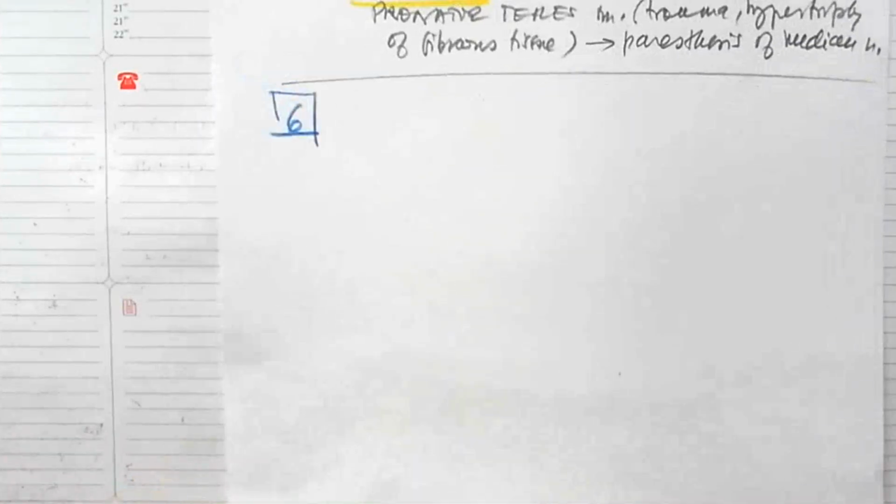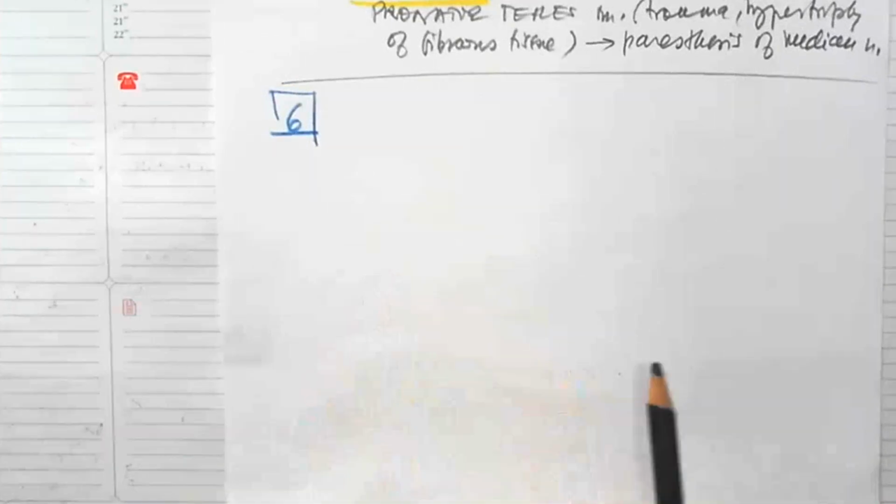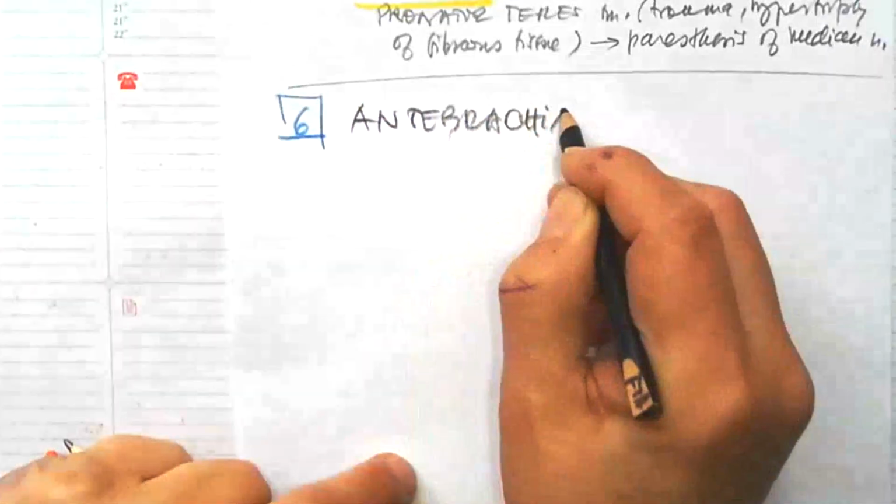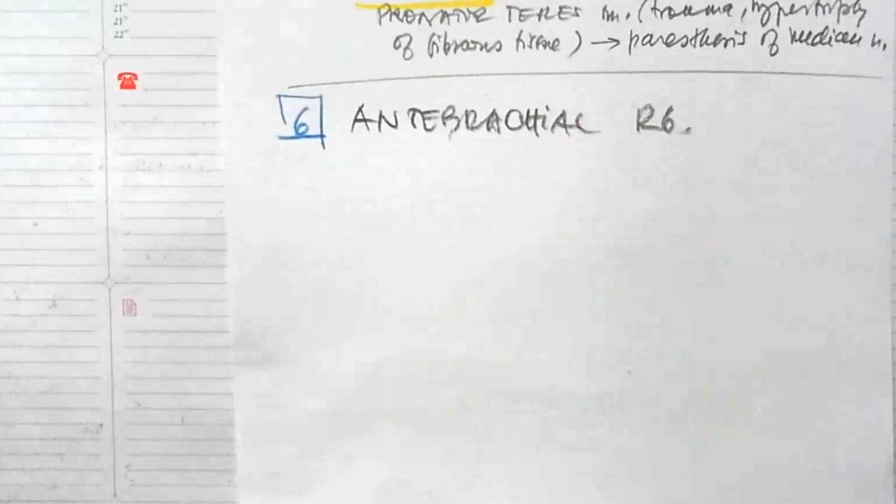So we start now with the regio antebrachialis. We call it the antebrachial region, regio antebrachialis.